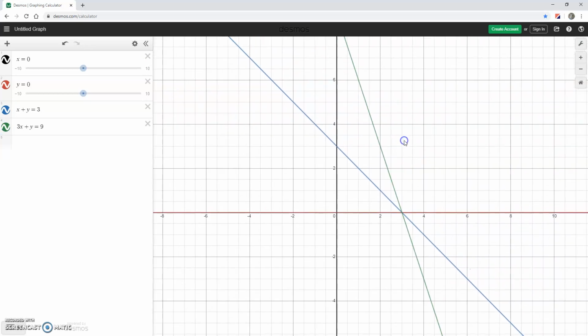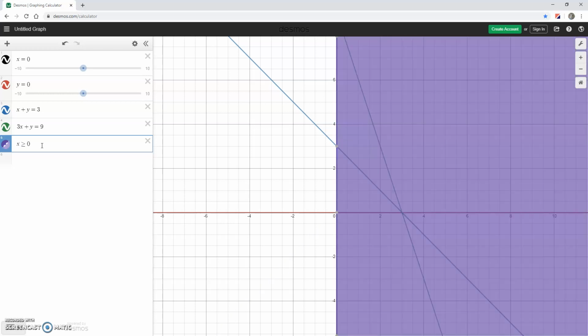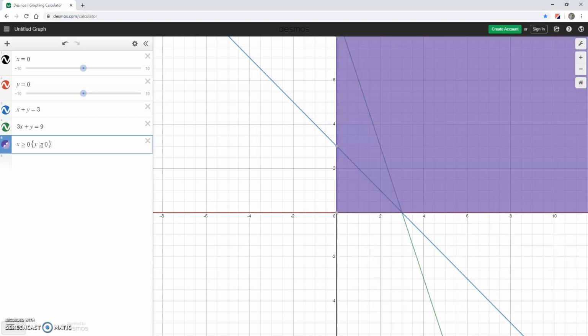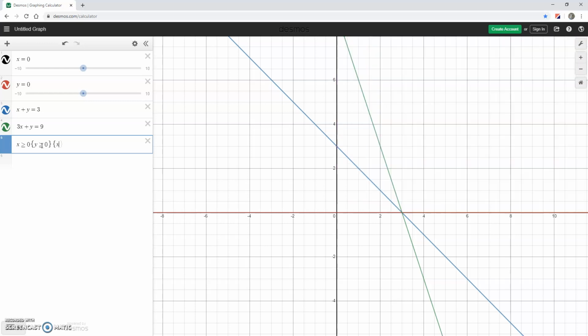What this does, again, is give us all of our boundary lines. And then to identify the shaded region that corresponds, we would start with any one of those inequality statements, and then in a set of curly braces, we'll include the next inequality statement, and then continue to do that for each of the remaining statements.